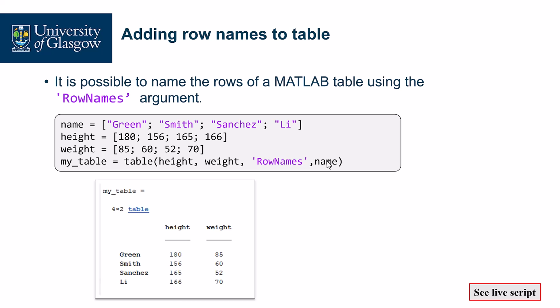Let's see what is generated. It's a 4 by 2 table, no longer 4 by 3. These are the column names, and this becomes the row names, like this. So now we have created a table with the content, the columns, and rows, right?